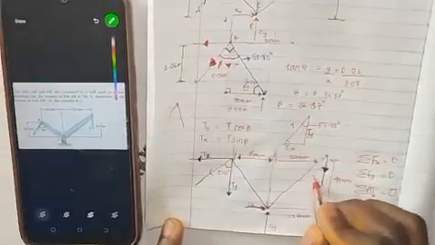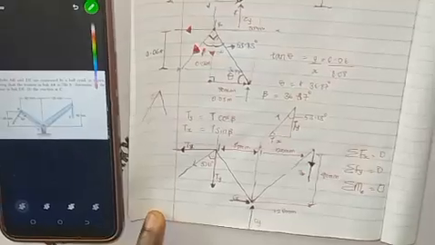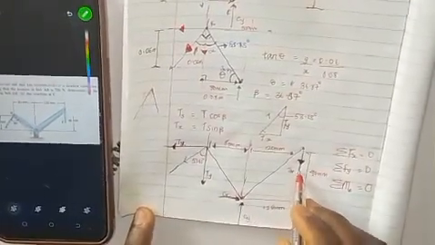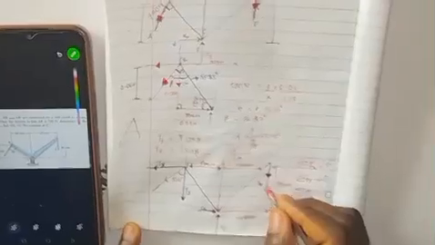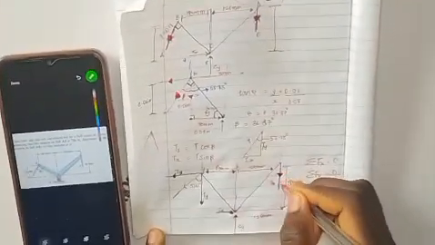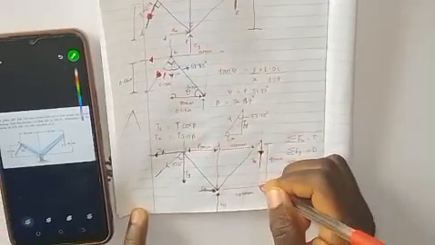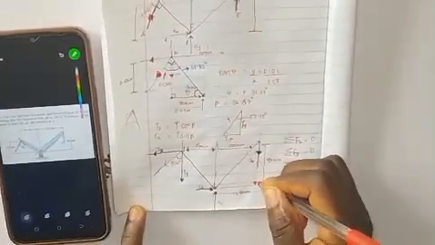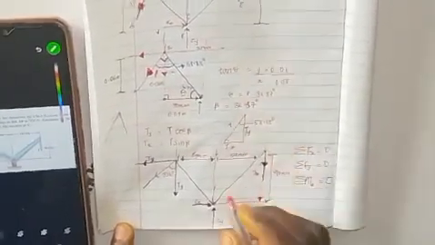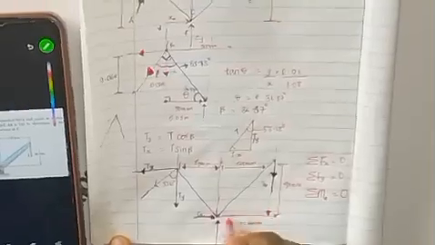We have to look for the perpendicular distance of this force. This force is going in the y direction. The line of action of this force is also in this direction. This force can actually reach here. Are you with me? So the perpendicular distance of this force is this line, this 120.